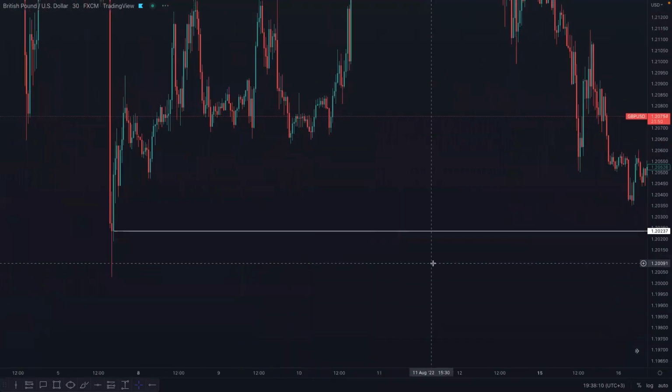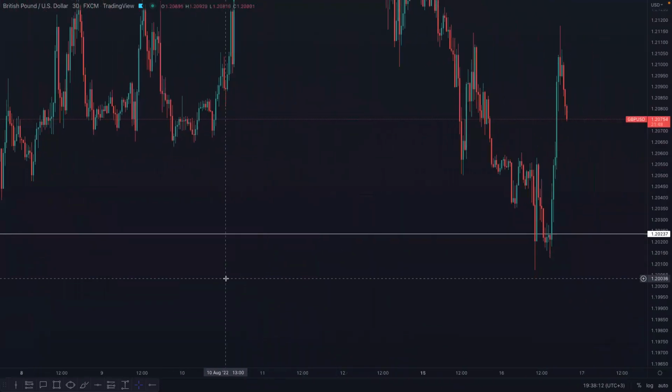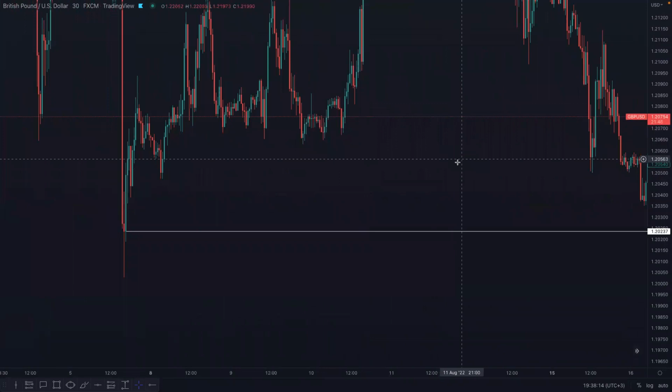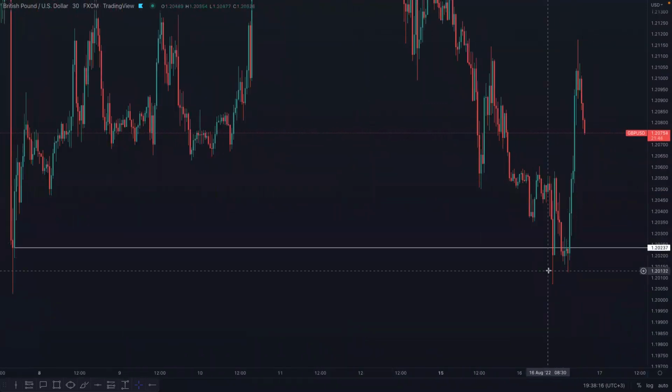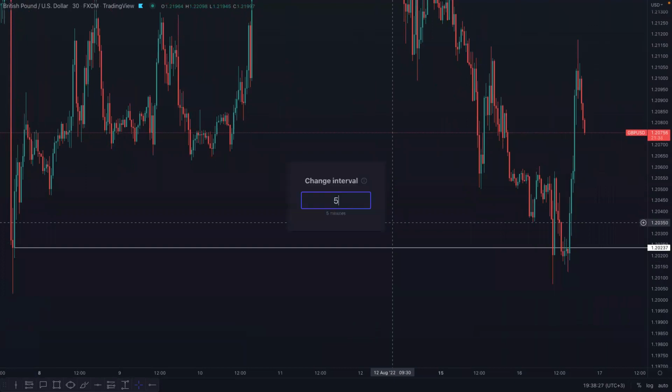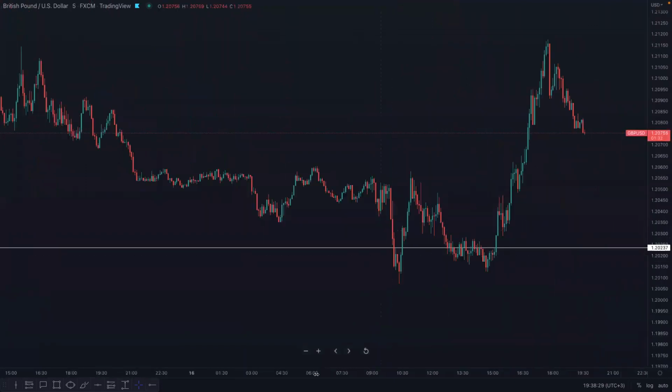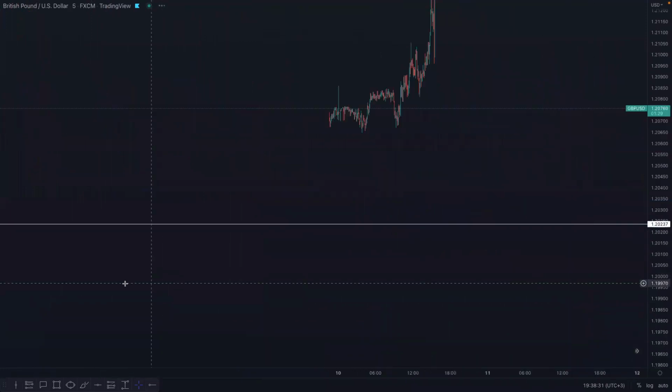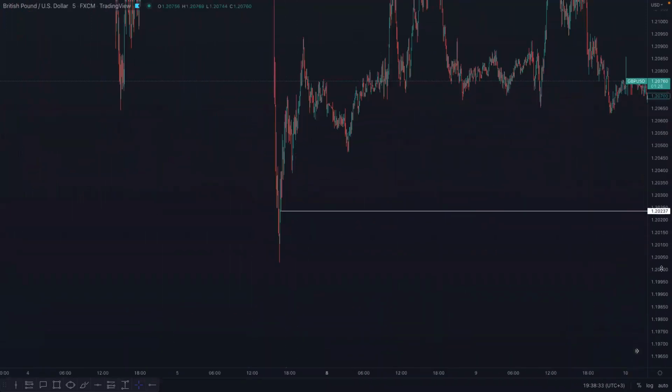Okay, so if we drop to the 30 minutes, our entry would have been somewhere around here. But remember when we were in the daily time frame, our entry was somewhere around here. If you recall, we may drop to, let's say, the 5 minutes time frame to get that accurate entry.